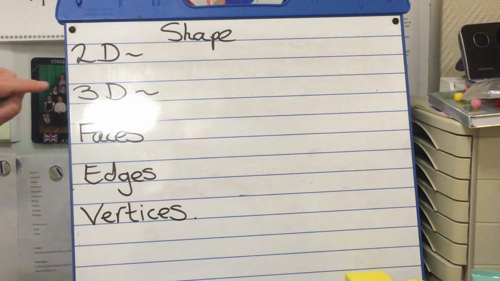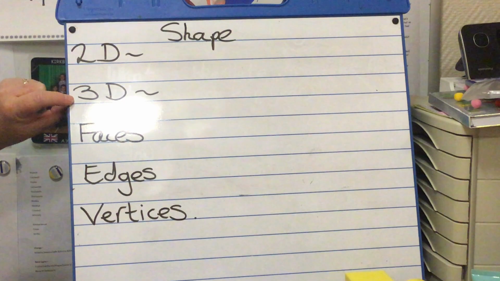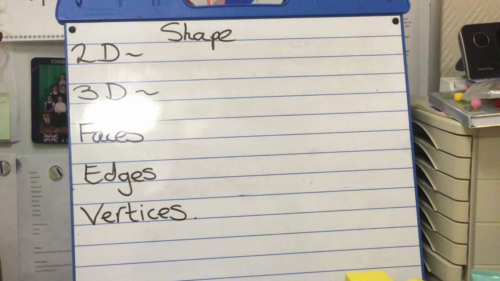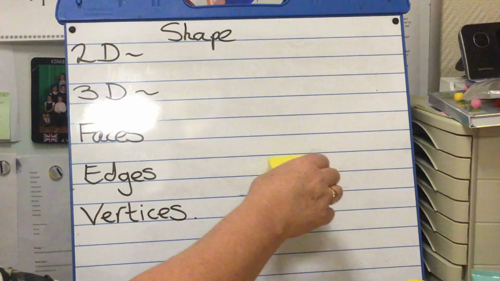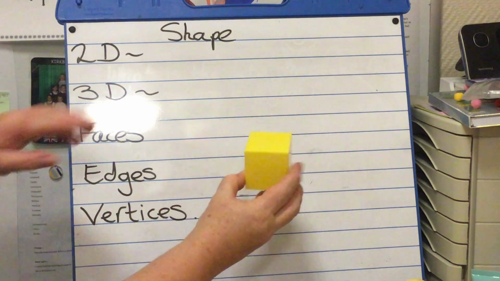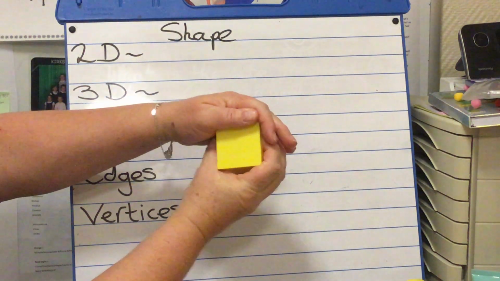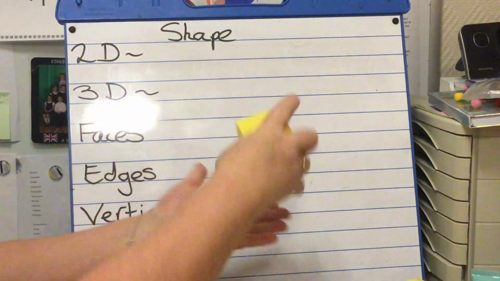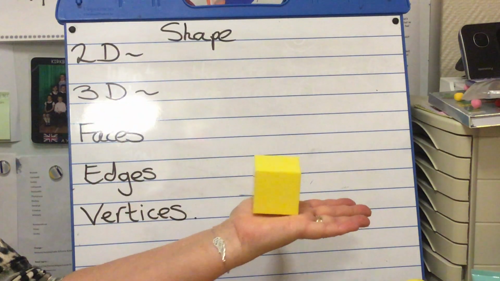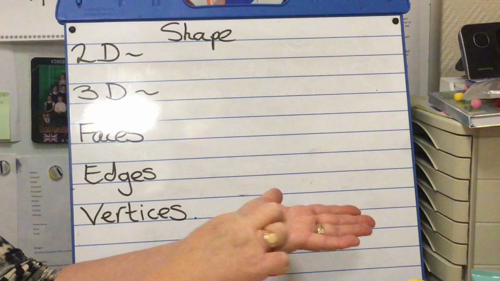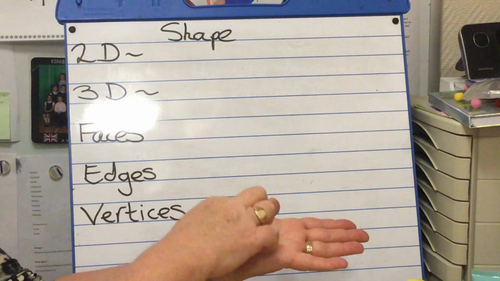We've moved on to 3D shapes now, so we've actually got what they call a third dimension. And if I show you briefly with the cube, if I were to call that a 2D shape and I painted it and just printed it onto my hand, then that would still be a 2D shape, two-dimensional.